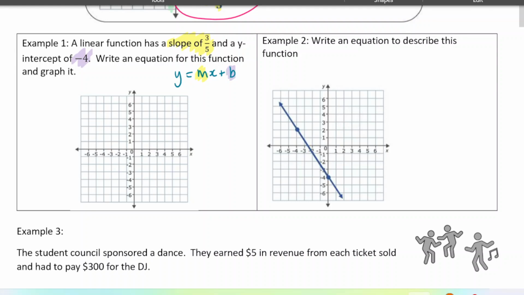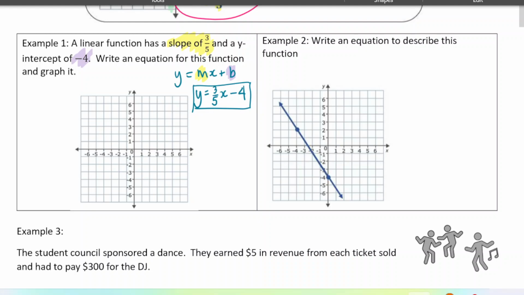Here we have 3 over 5 as our slope, and our b is negative 4. It's a little bit clunky to write plus negative 4, so you can simply write minus 4. It's the same thing. I've put in those numbers, and that is my equation.